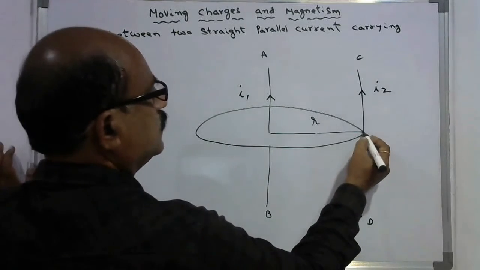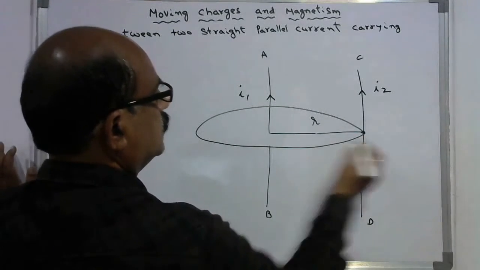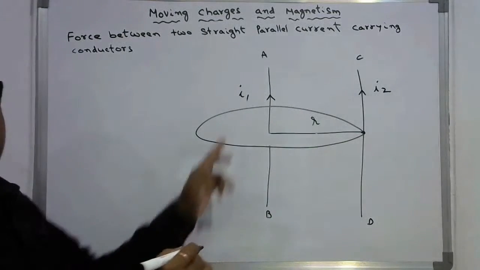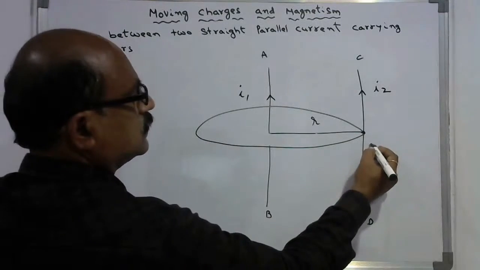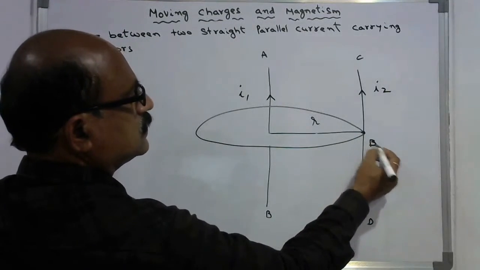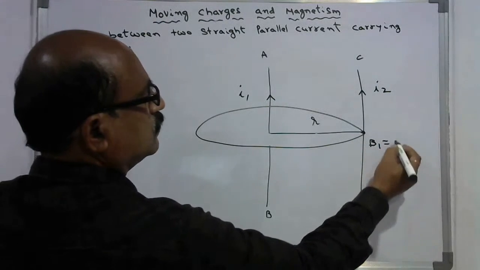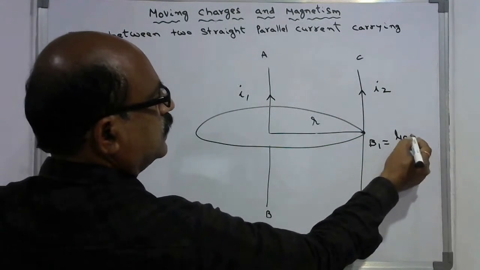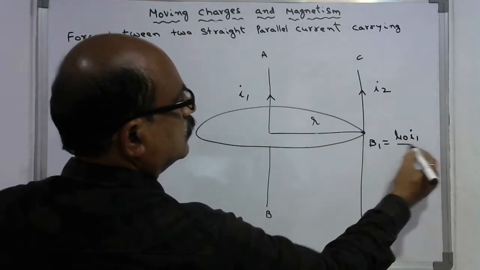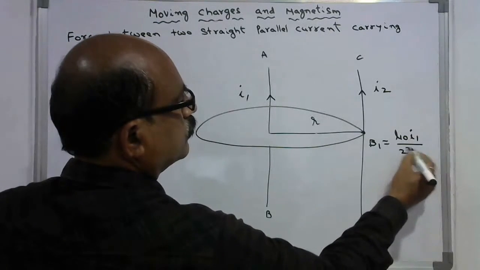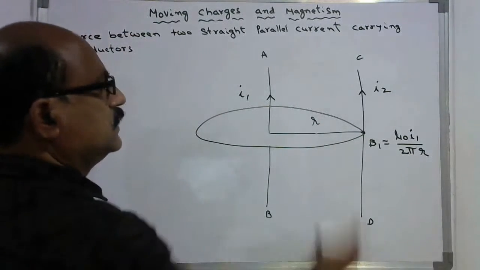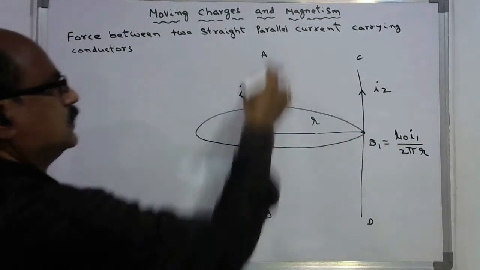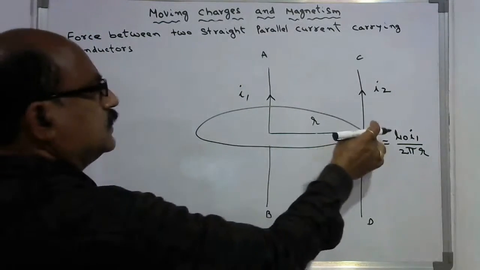Similarly, the magnetic field at this point due to the current in AB, I write here, is B1 equal to mu naught I1 by 2 pi R. This is the magnetic induction due to this current I1 at a distance R.